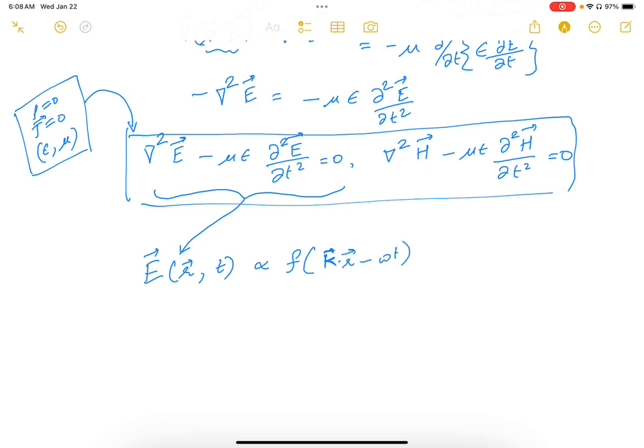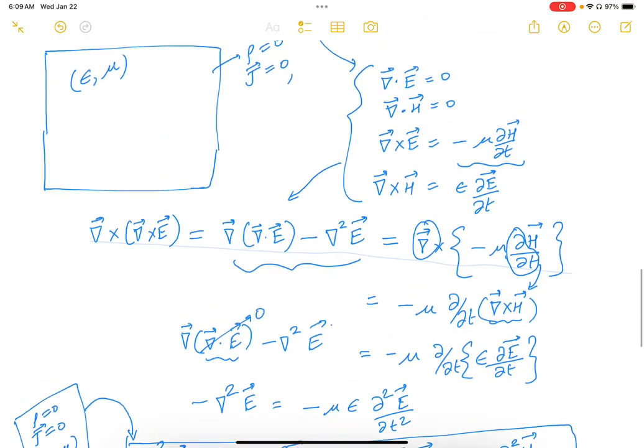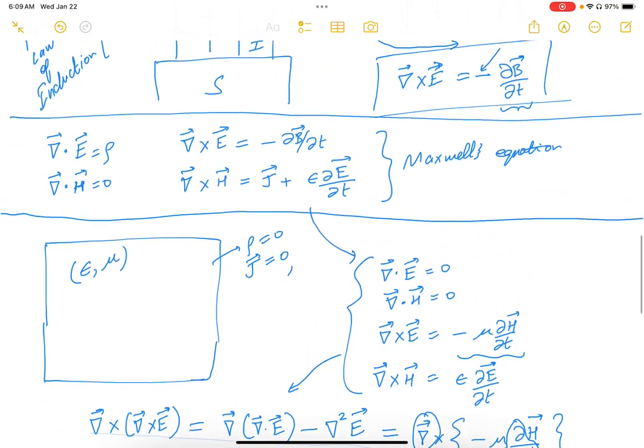So it will be of the form of a wave that is propagating in this medium. This describes electromagnetic waves traveling in a medium of uniform permittivity and permeability.